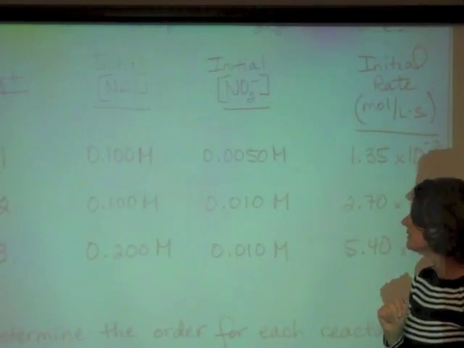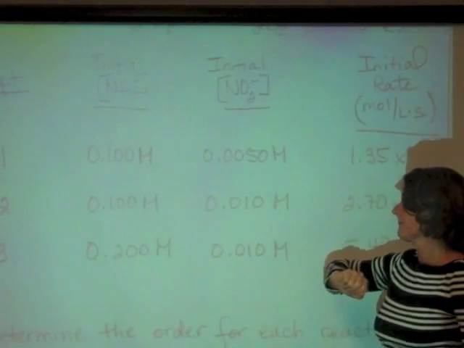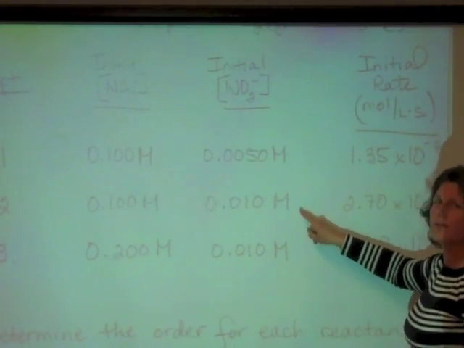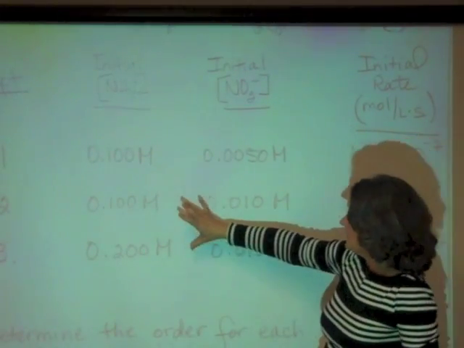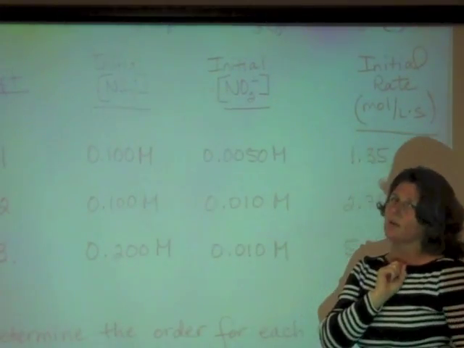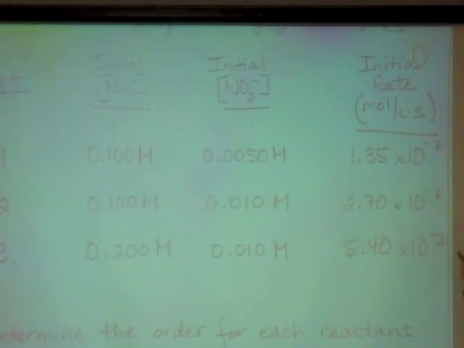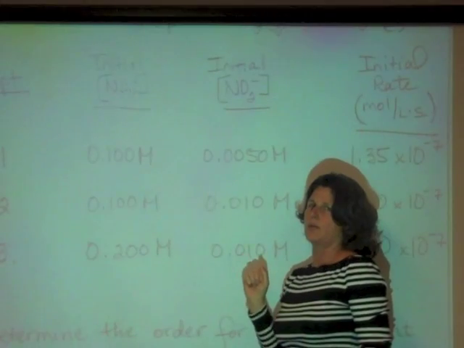On the other hand, if we look at experiment 2 and 3, the nitrite stays the same, so it is not a variable. We double the concentration of the ammonium, and what happens to the rate of the reaction? It doubles. So what can we say about the order of ammonium as a reactant?